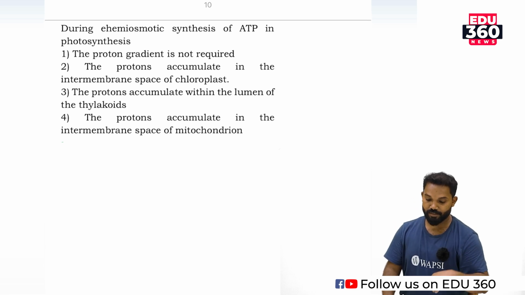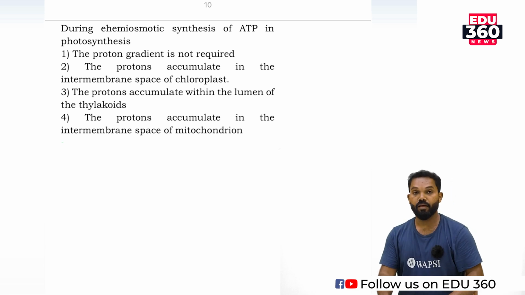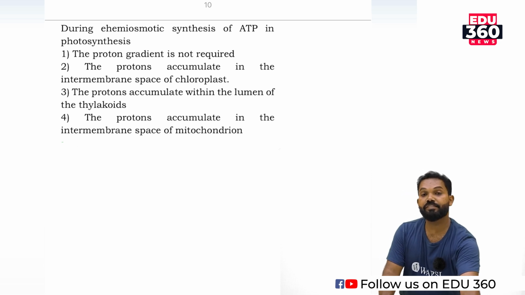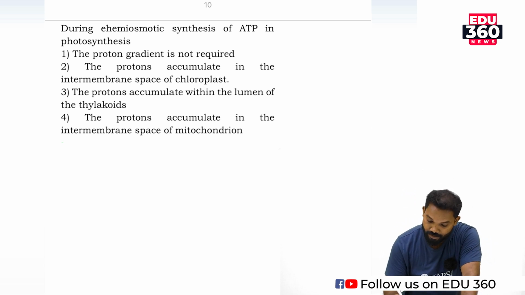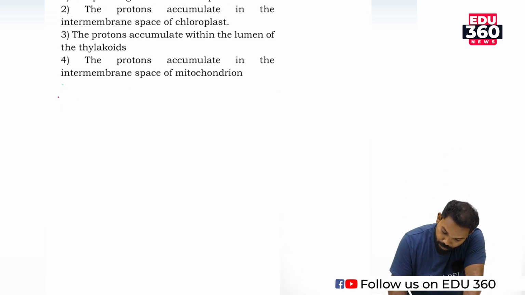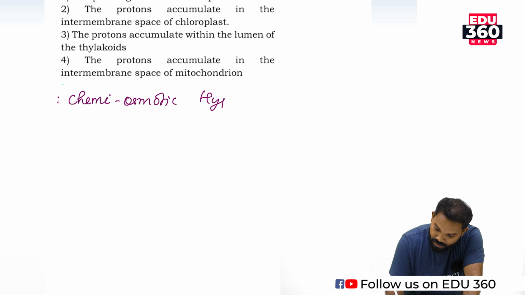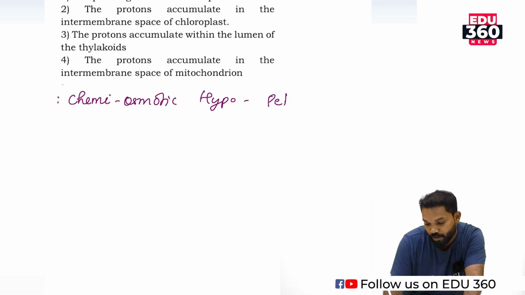During chemiosmotic synthesis of ATP in photosynthesis: chemiosmotic synthesis of ATP, or the chemiosmotic hypothesis, was proposed by Peter Mitchell.